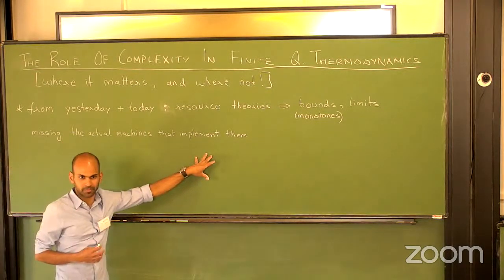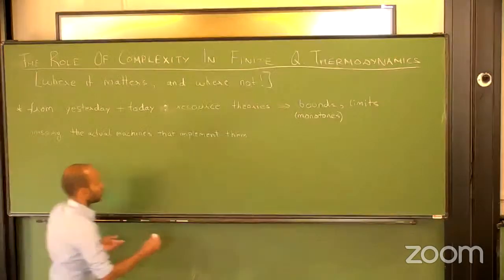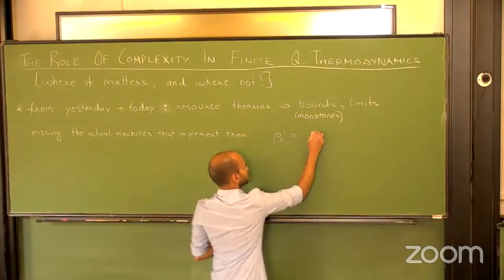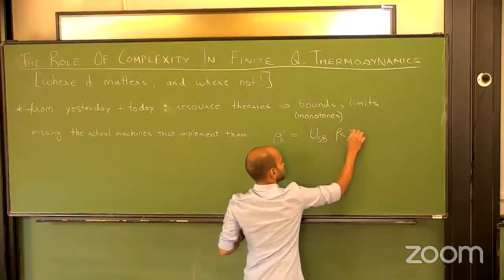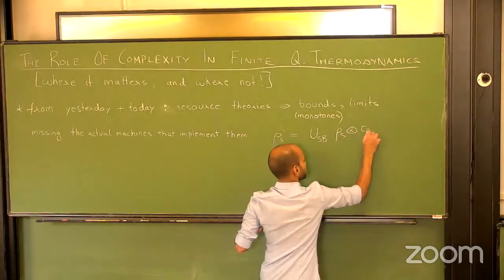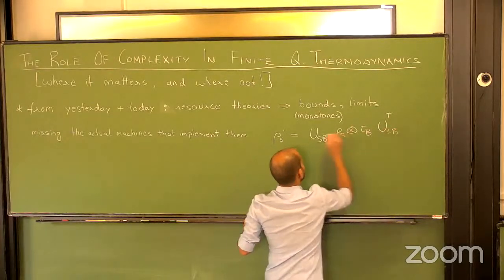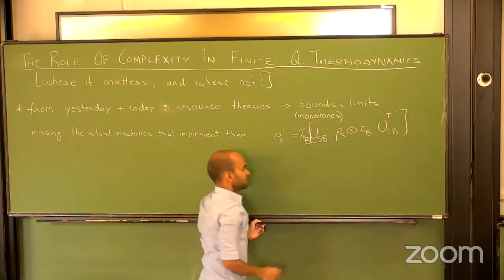So in principle, when I write, for example, a thermal operation, the end state of the system is U (system and bath) applied to rho system tensor some thermal state of the bath, then U dagger, system and bath, and then trace out the bath. In principle, this is thermal.